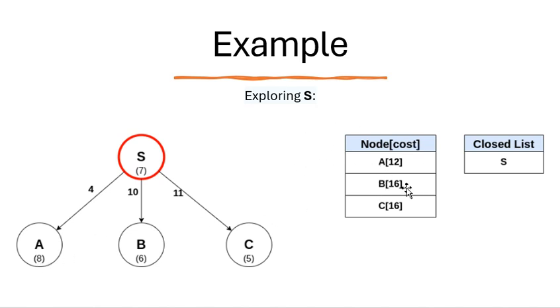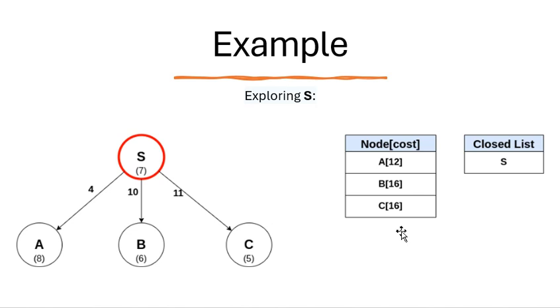So we update our priority queue or open list in such a way that the node that has the lowest cost appears at the top of the list. In this case, S to A is 12, S to B is 16, and S to C is 16 as well. You can go ahead, pause the video, and calculate the distances or costs yourself and verify.